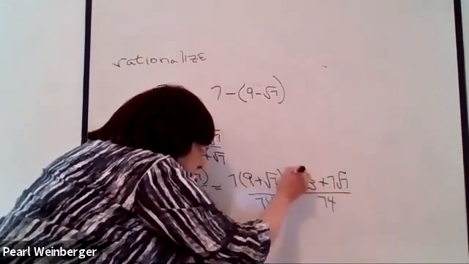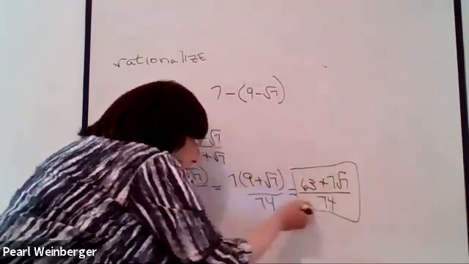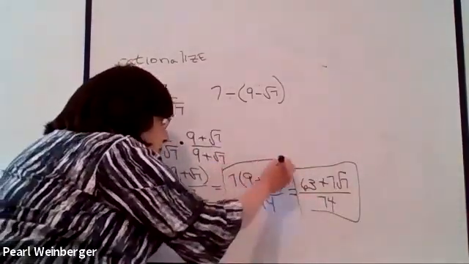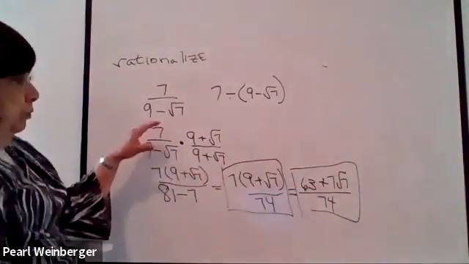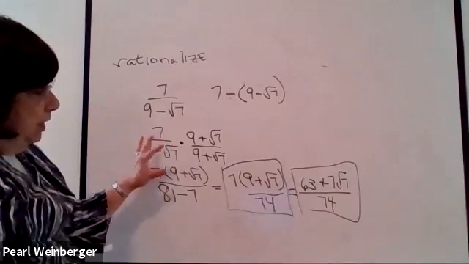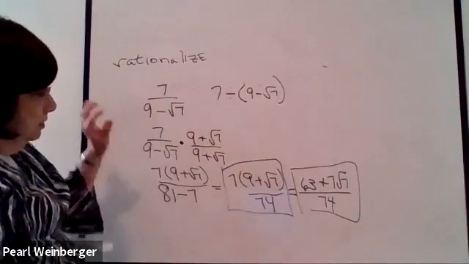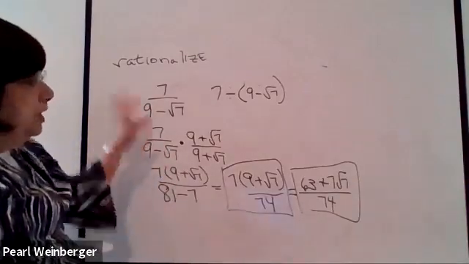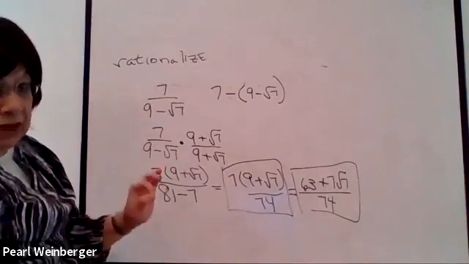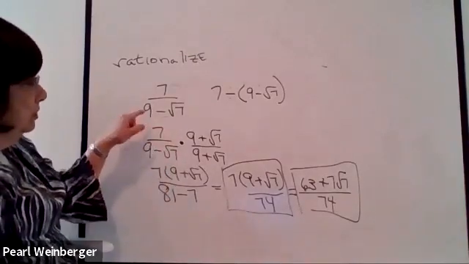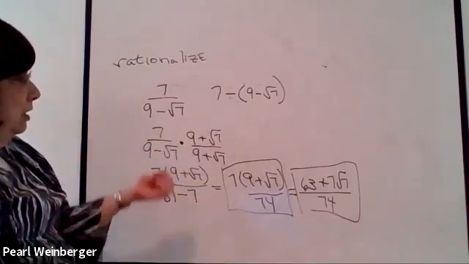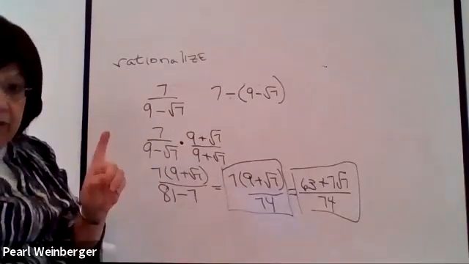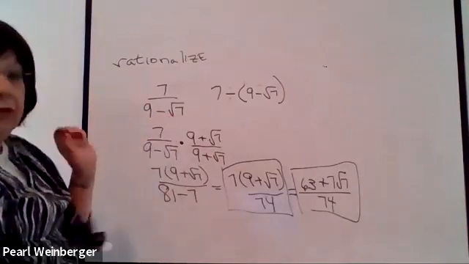Remember, the whole thing has to go over 74. Both of these are considered correct answers. But again, what we have to remember is that when we want to rationalize the denominator, which we do whenever we see a radical in the denominator, if it's 2 terms, I multiply by the conjugate. If it's just 1 term in the denominator, I just multiply by the radical itself.